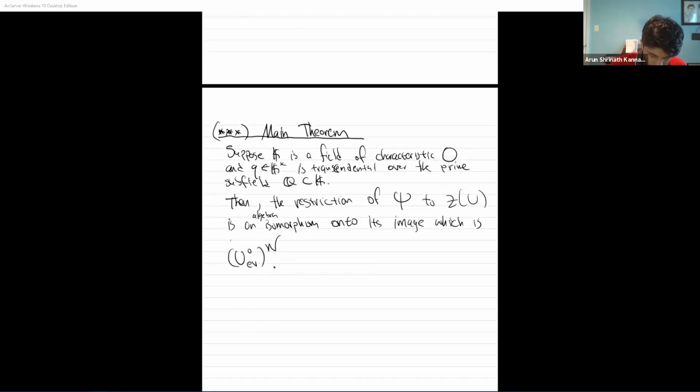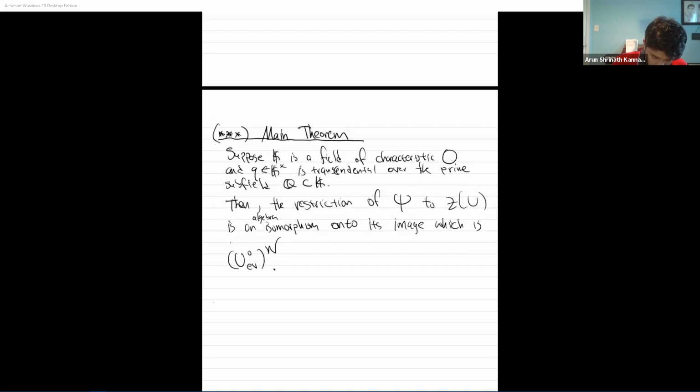So from now on, I'm just going to write, as a remark 1, psi to denote the restriction. So psi and pi will denote their restrictions to the center, unless otherwise stated.